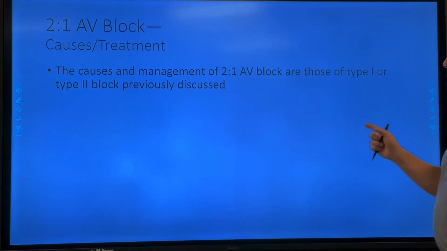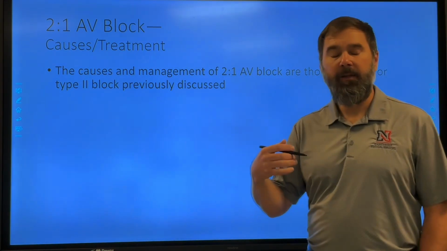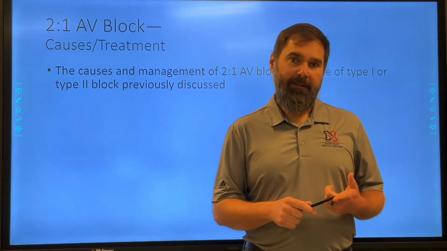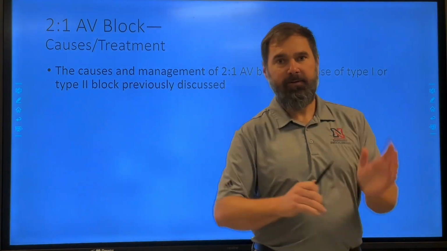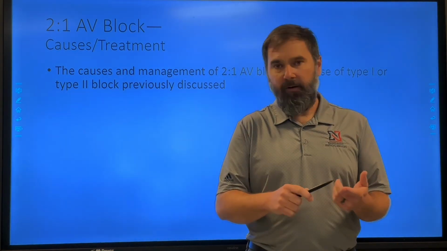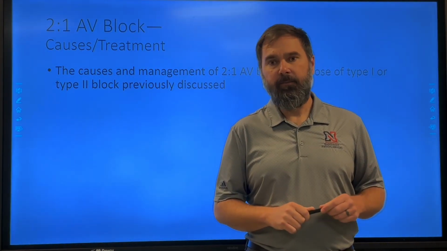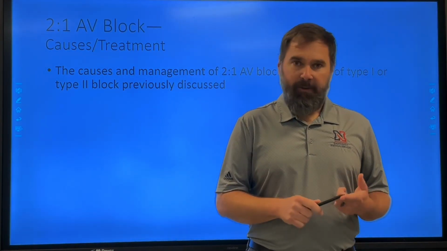The causes and management of 2-to-1 are those of type 1 and type 2 block previously discussed. So again, it depends on your patient. How symptomatic is your patient? Just because we see this on the monitor doesn't mean we have to start pacing your patient. It's not saying you shouldn't be prepared to do that in case the patient declines, but that shouldn't be our go-to.